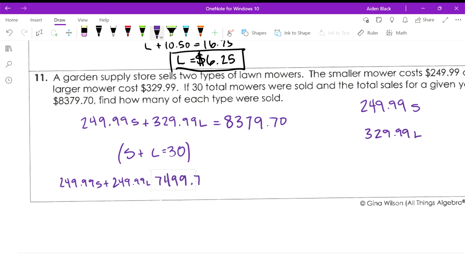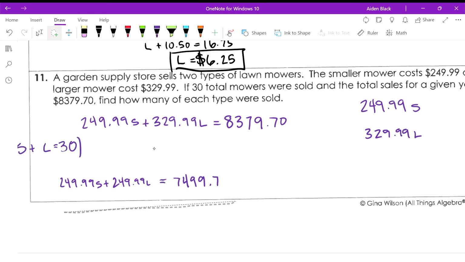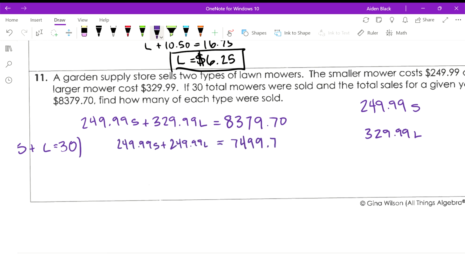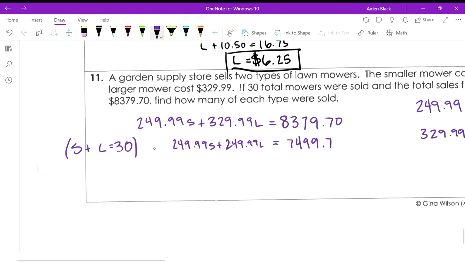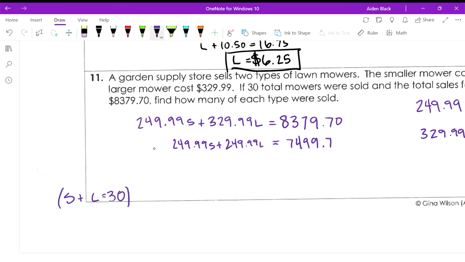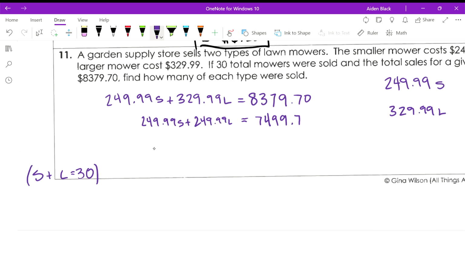Let's go back. Okay, so here we go. If I subtract the second equation from the first, let's get this guy out of the way. I will eliminate the small lawnmowers. Gotta do 8, 3, 7, 9, 70.